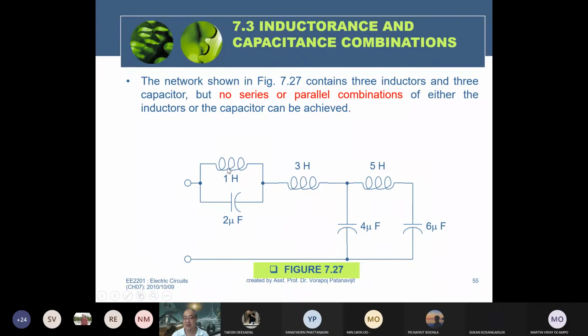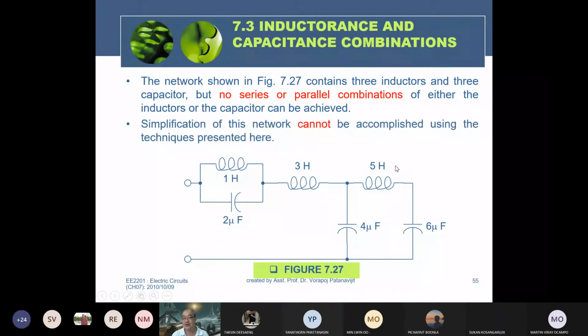You can see that an inductor in parallel with a capacitor cannot be combined, and an inductor in series with a capacitor cannot be combined. It means not all structures of inductors and capacitors can be combined. Simplification of this network cannot be accomplished using the techniques presented here.